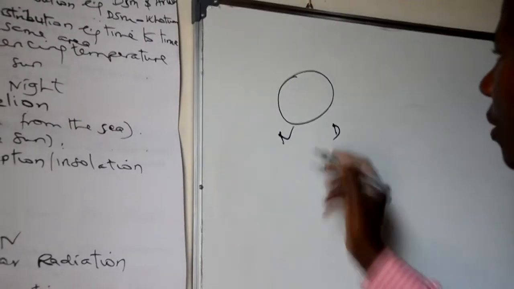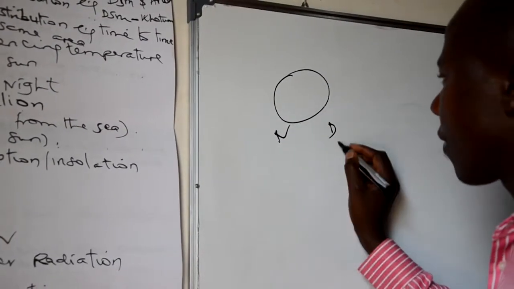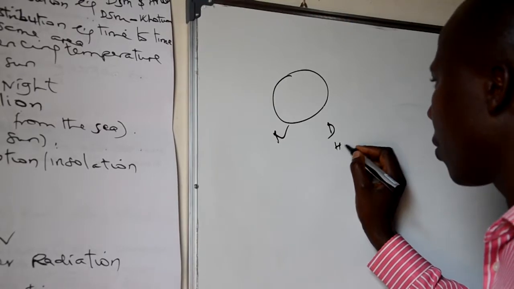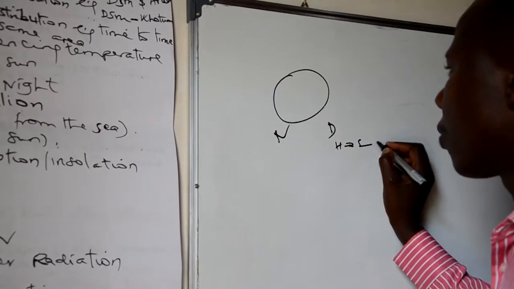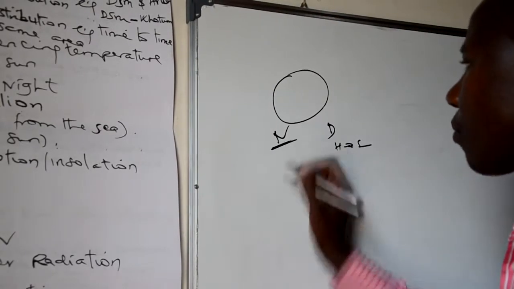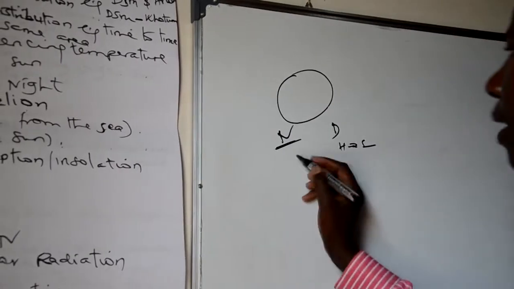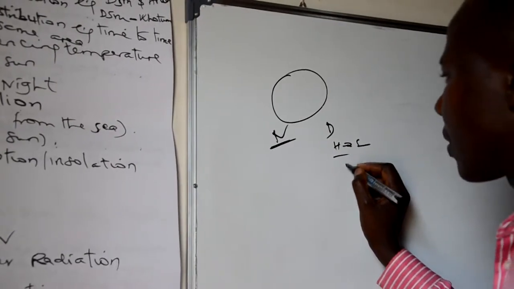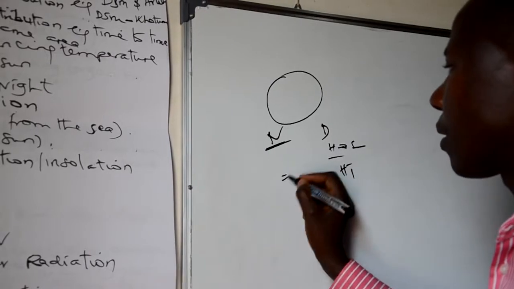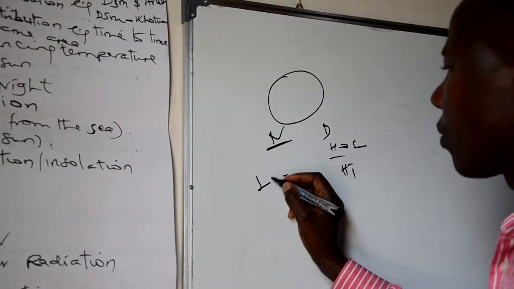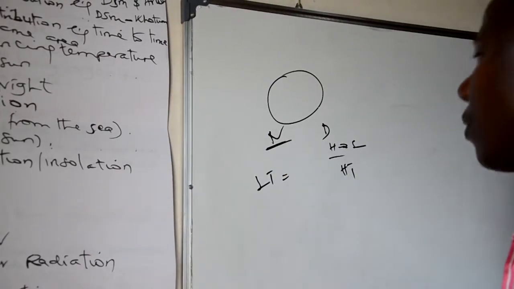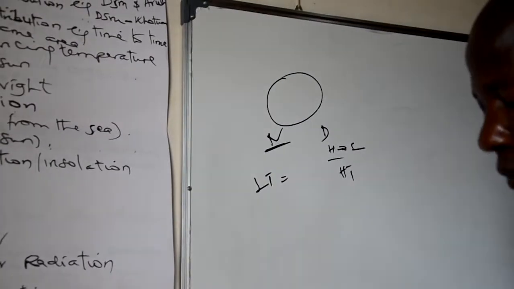When the day has a longer period of time than the night, the daytime will experience more temperature than a day which is experienced for a shorter period of time.